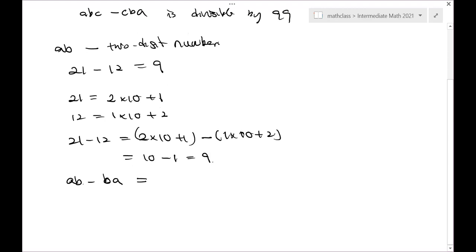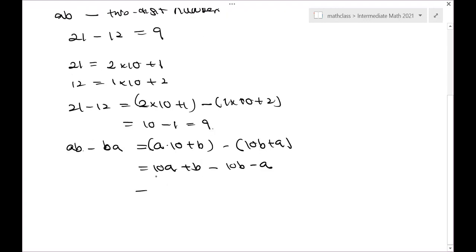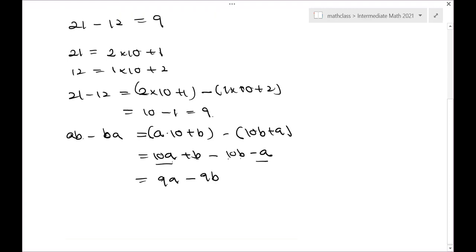So AB, a two-digit number, can be written as A times 10 plus B, minus BA, which is 10 times B plus A. Let's remove the parentheses: 10A plus B minus 10B minus A. Then we group terms containing A together. So 10A minus 1A is 9A. B minus 10B is negative 9B. So now you will see there's a factor here.